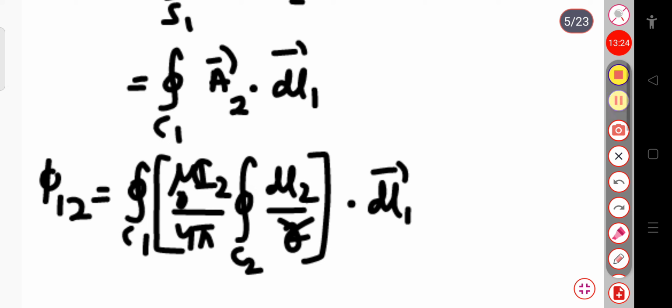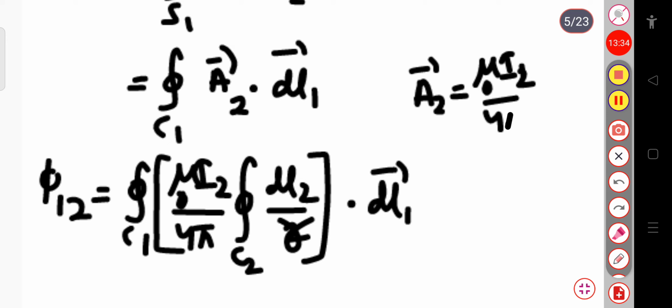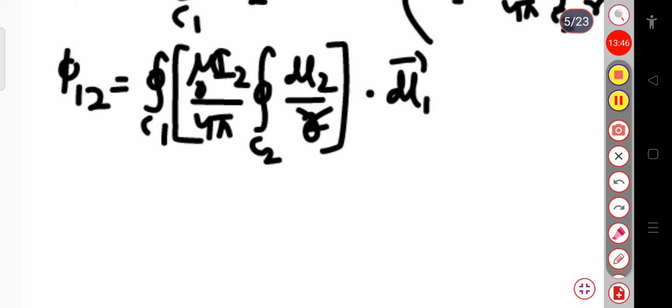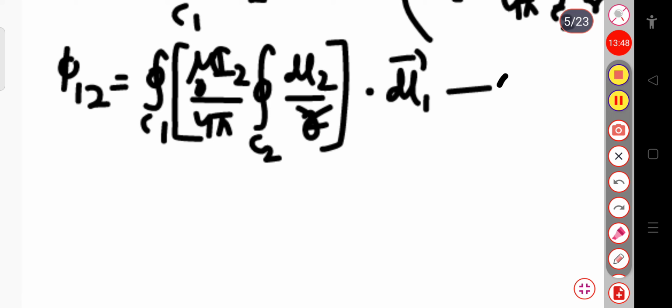Here we have just substituted the value of A2, that is the vector potential, mu naught I2 divided by 4 pi integration over C2, the line integral dl2 divided by r. We have substituted this vector potential in phi 12, and this is equation 3, and also the value of phi 12 is equal to M12 into I2.